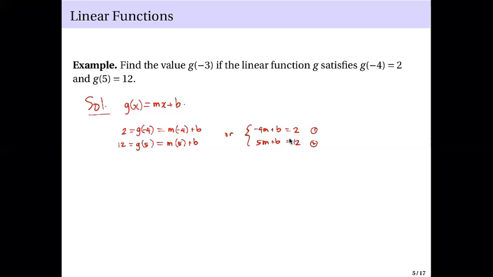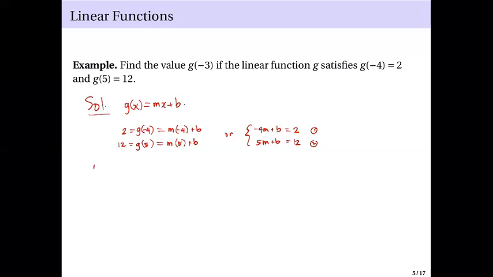The reason is, look at this. You have b and b here. So the variable b, at least in this linear system, can be eliminated easily, just like in the previous example. Okay? But you can use other methods. You can use the substitution method if you want. But anyway, let's eliminate this b here.